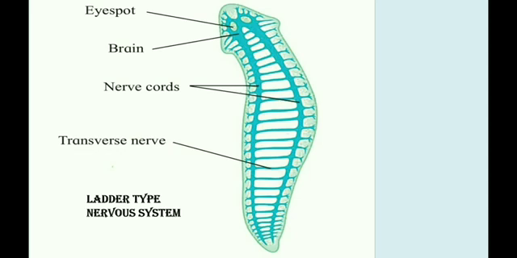They are interconnected to each other by transverse nerves which appear like a ladder. So in a ladder-like manner they are connected to each other. The peripheral nerves you can see here at this position. These are all peripheral nerves.